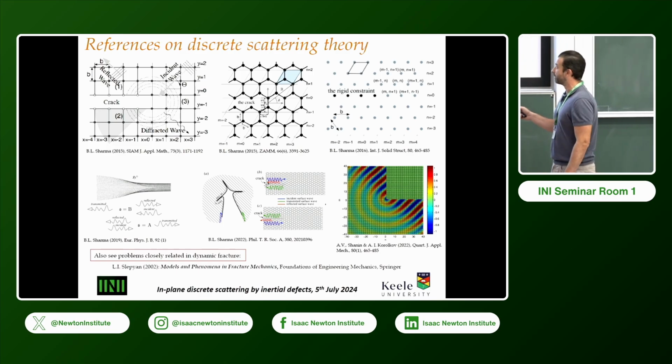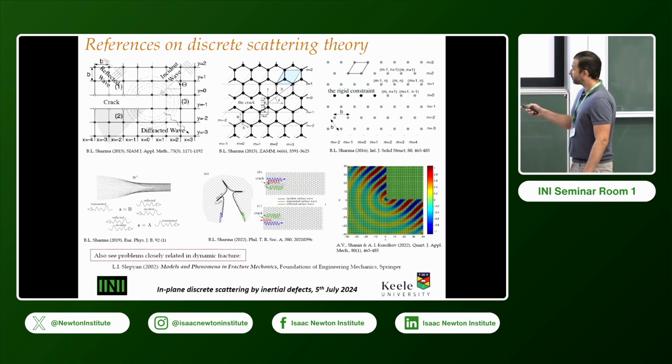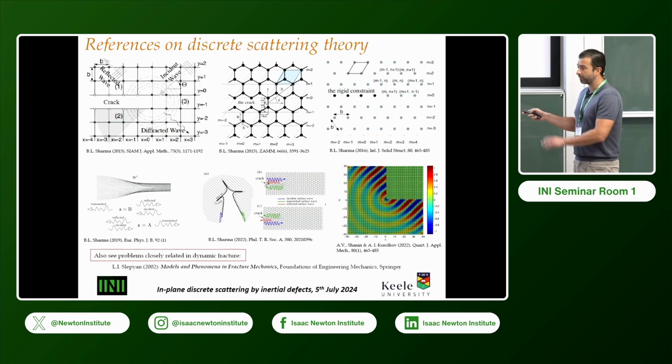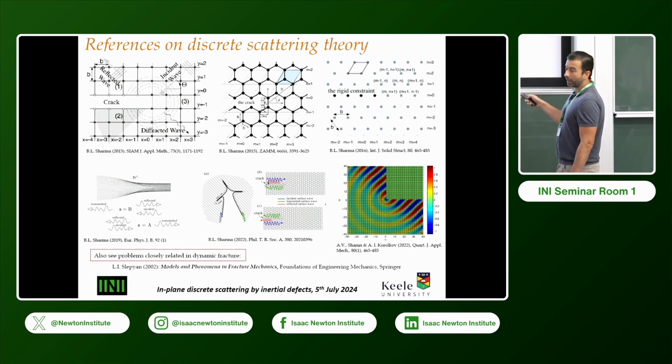So you have a crack in a square cell lattice, and this crack, a semi-infinite crack, is represented by an absence of links between two rows. You send in an incident wave and you want to know how this scatters. And it's reduced to a Wiener-Hopf equation through the Z transform along the line of the crack.